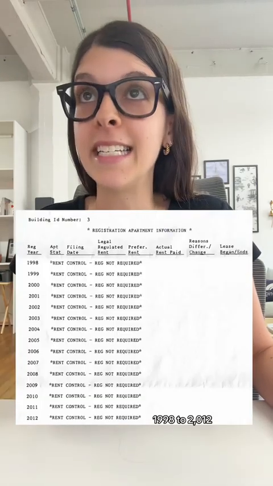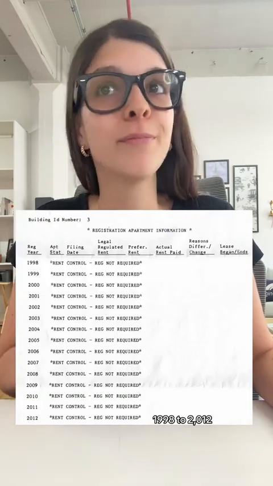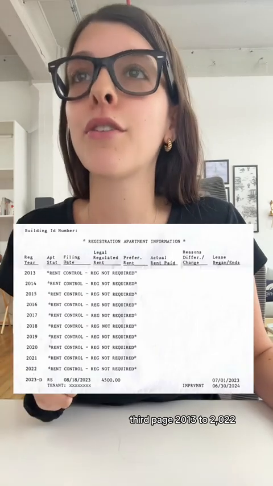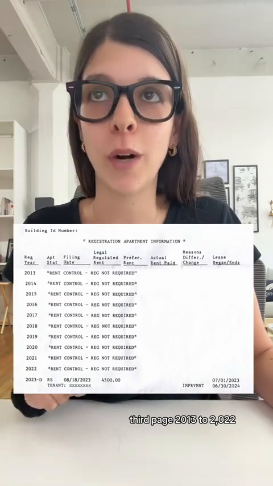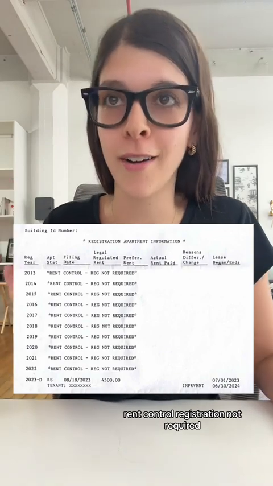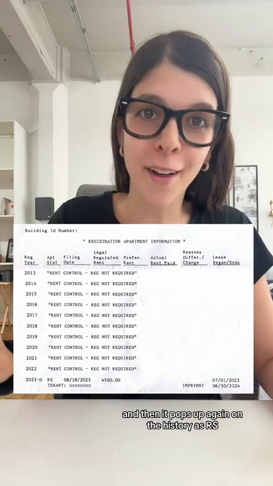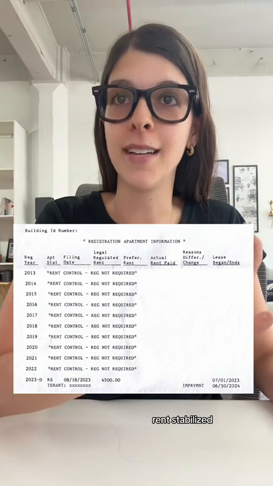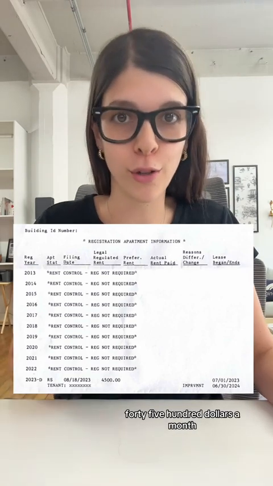And now I'm going to go to page 2. 1998 to 2012, still rent control, registration not required. Third page. 2013 to 2022, rent control, registration not required. And then it pops up again on the history as RS, rent stabilized, $4,500 a month.